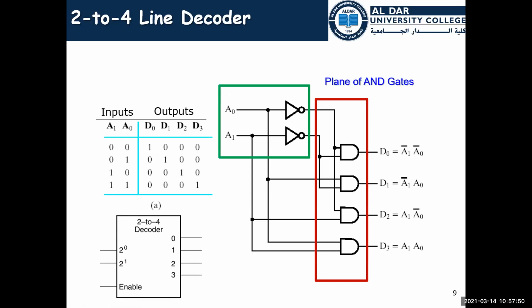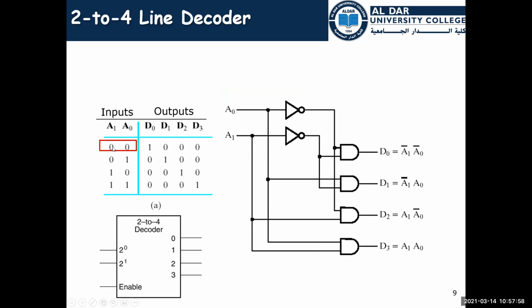Okay, let me repeat it again. So, for example, if the input is 00, D0 will be active. Yes, this is D0 because it is A1 complement, A0 complement.